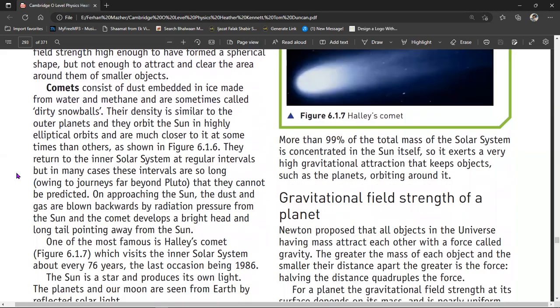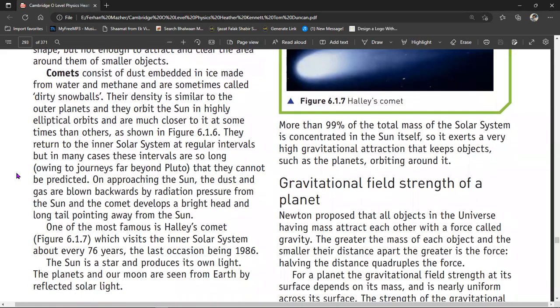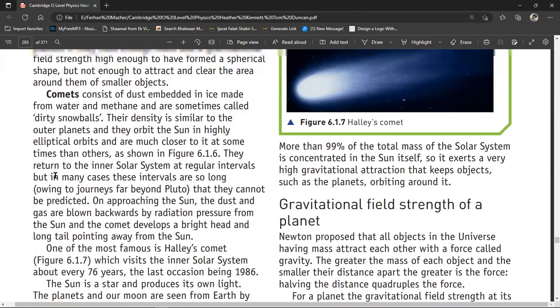Comets consist of dust embedded in ice made from water and methane and are sometimes called dirty snowballs. Their density is similar to the outer planets, and they orbit the sun in highly elliptical orbits and are much closer to it at some times than others, as shown in figure 6.1.6.